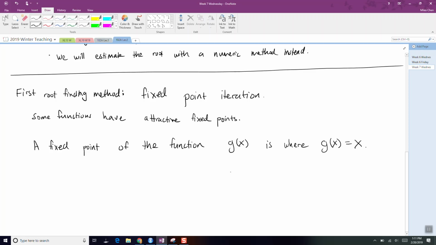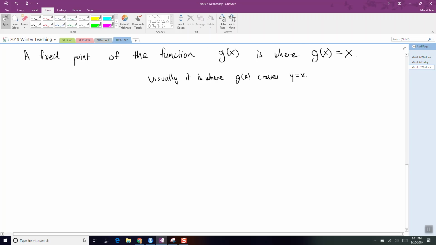Okay, so visually, it's hard to draw. Okay, so this is y of x, and this is g of x, okay?